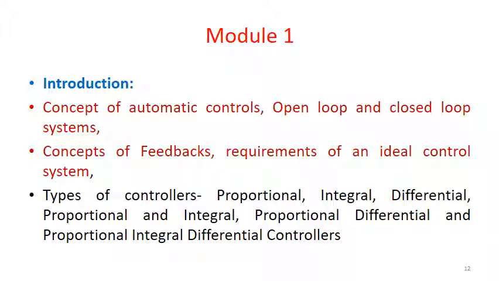We have been made to understand the introduction of control engineering, then the concepts of automatic controls, what are open loop and closed loop controllers, advantages of open loop and closed loop controllers, difference between open loop and closed loop control systems, concepts of feedback, types of feedback systems, and the important one, requirements of an ideal control system.